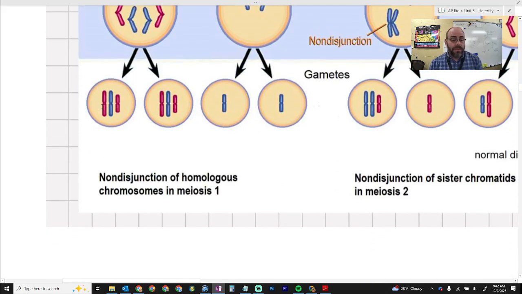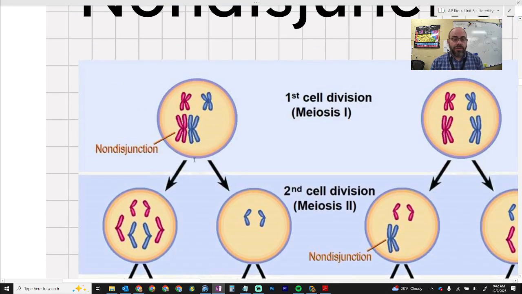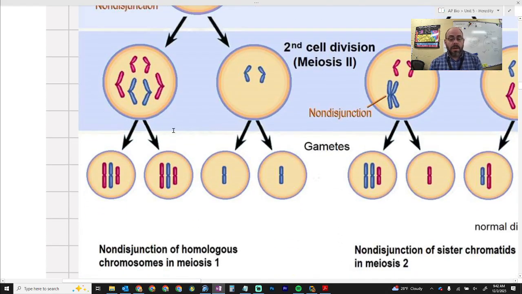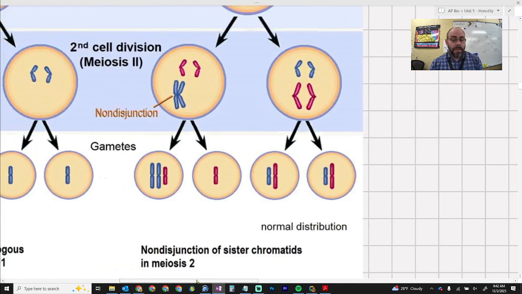But that's not the case here. This isn't N for haploid, but it's N plus 1 because it has too many. This is an N plus 1. This is an N minus 1. It has too few, also an N minus 1. So when nondisjunction happens in meiosis 1, all 4 cells are going to be affected by that. You're going to have two N plus 1s, two N minus 1s.